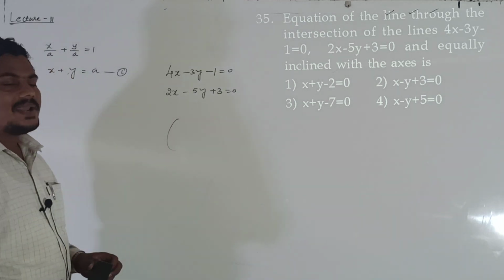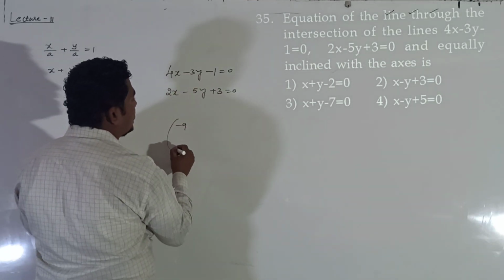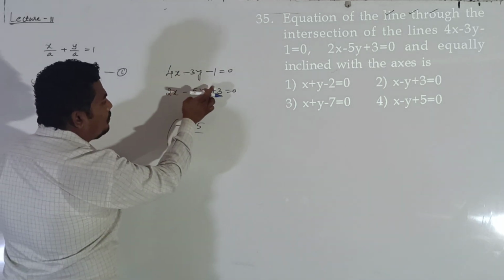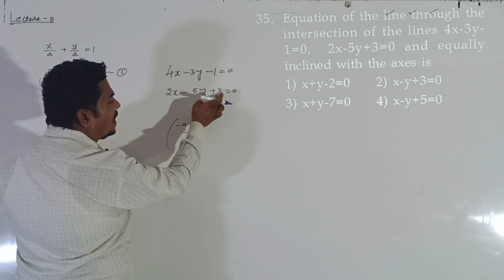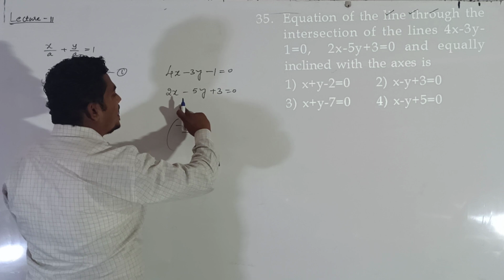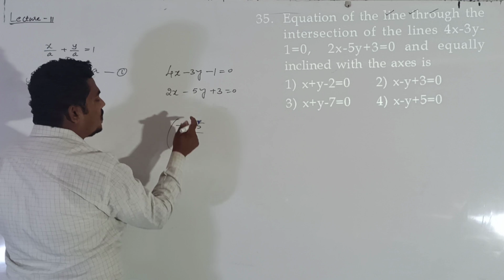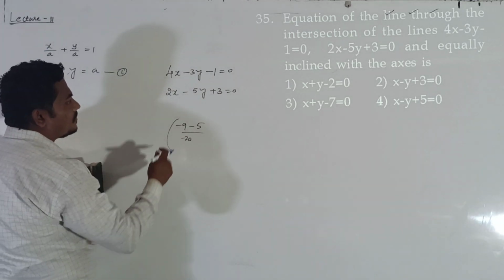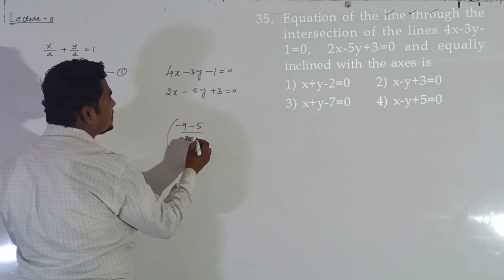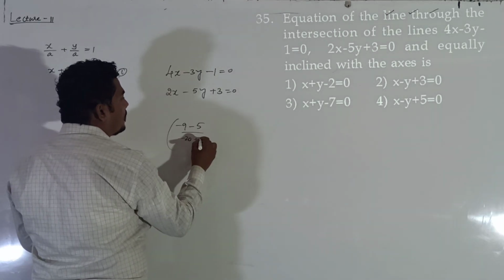Directly I will write the x and y values. The formula is B1 C2 minus B2 C1 divided by A1 B2 minus A2 B1. That is minus 20, A1 B2, minus of minus, it will be plus A2 B1, that is 6.